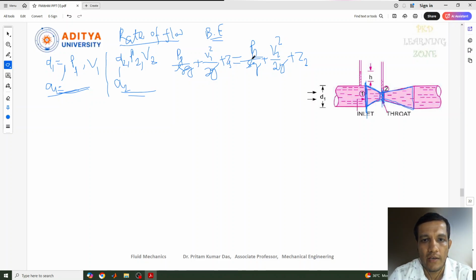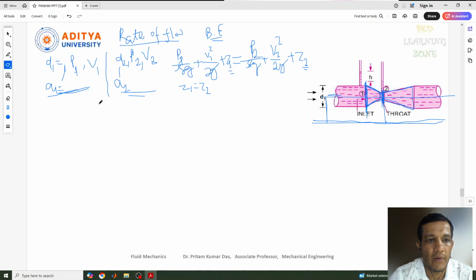Now in this equation, Z1 and Z2 will be the same because the pipe is horizontal. If you consider a datum line and draw the center line at this section, the distance from the datum to the center here is the same as the distance here. That's why we consider Z1 equal to Z2. Then the remaining part: I'll keep pressure on one side and velocity on the other, because the Z terms are no longer required.